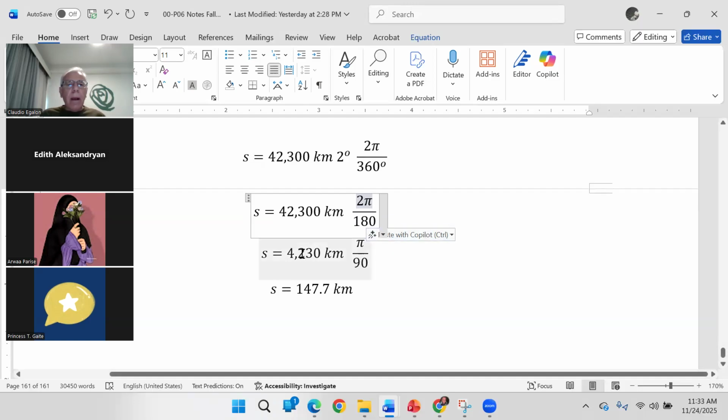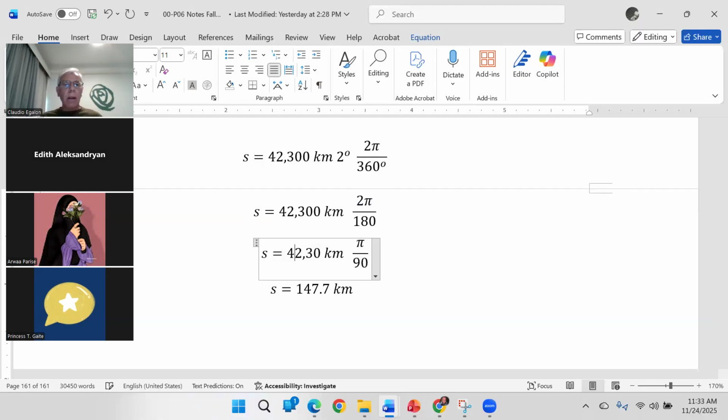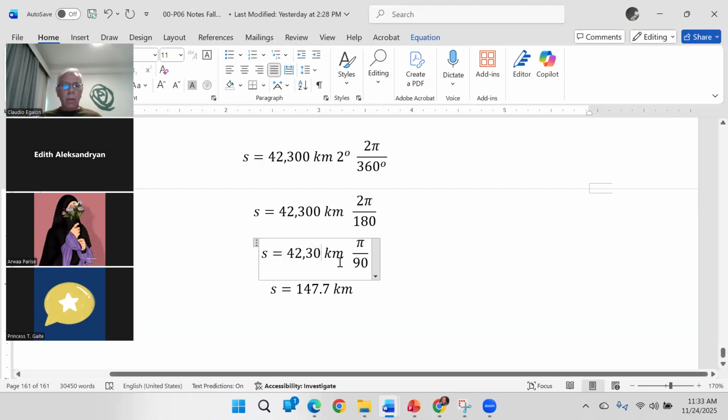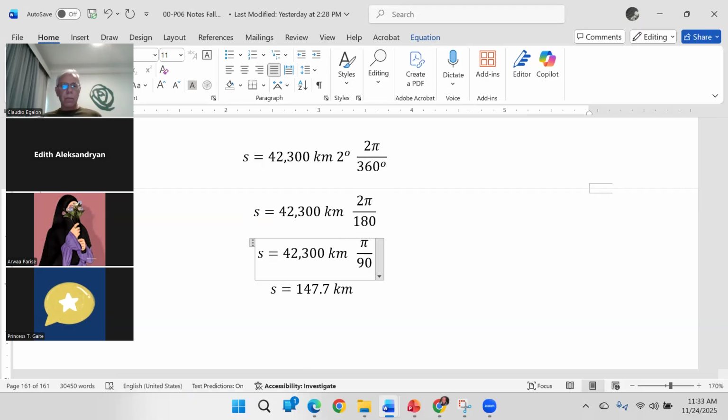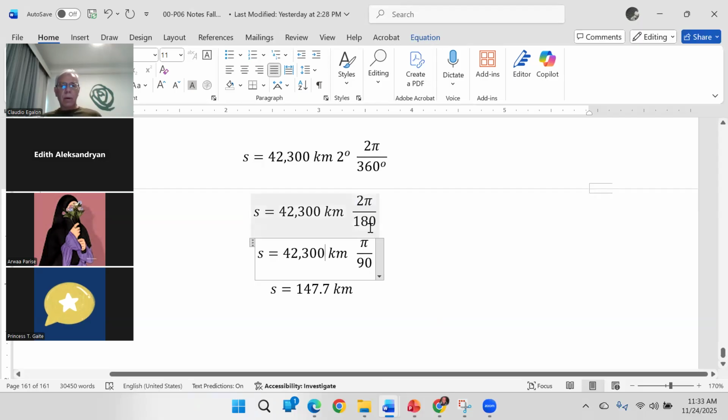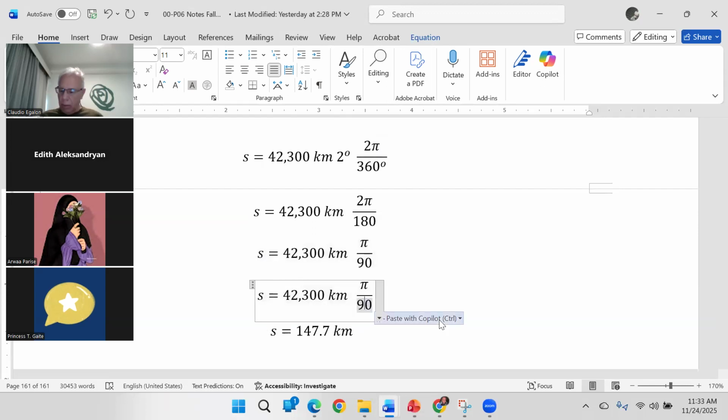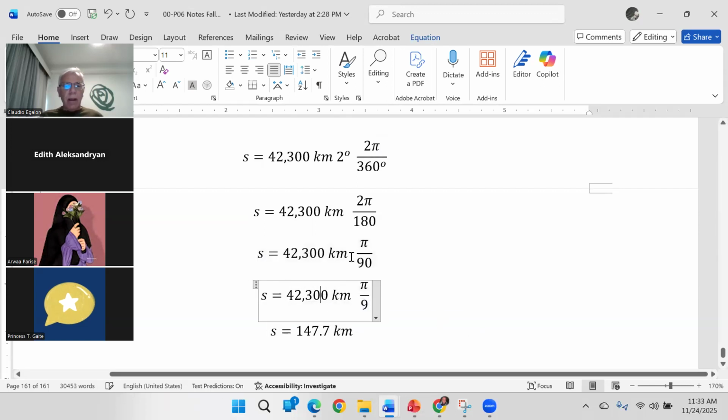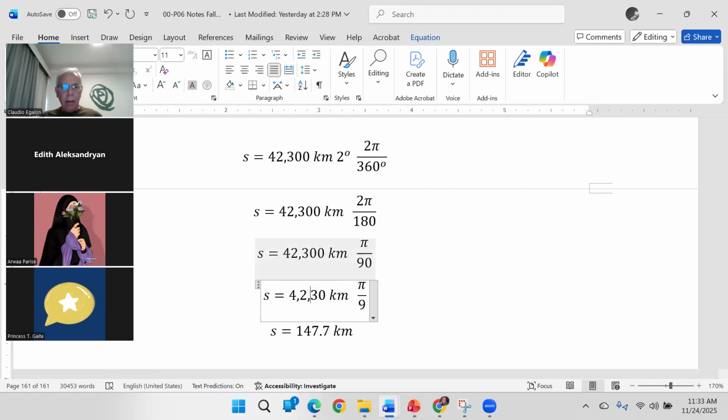Yeah, there's a mistake right in here. 2 cancels with 180, so you get pi over 90. And now the 0 of the 90 cancels out with the 0 of this guy here.